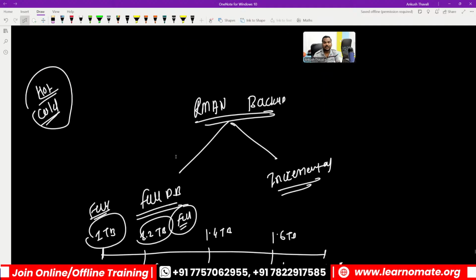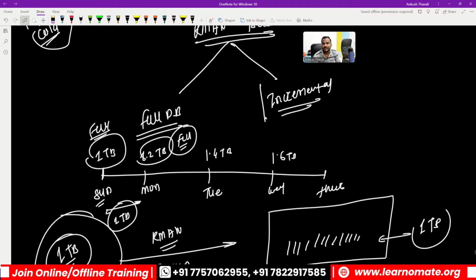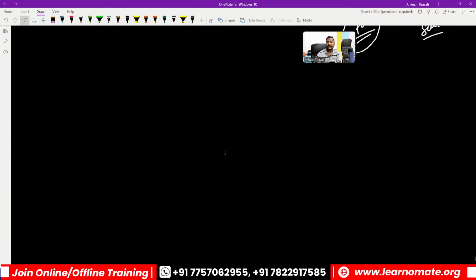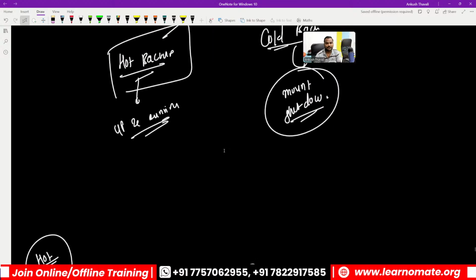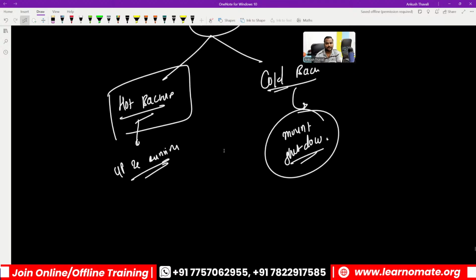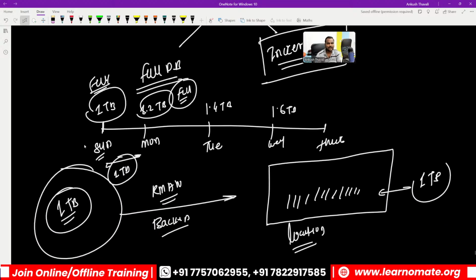Now another type of backup we call an incremental backup. What is meant by incremental backup? Incremental backup means the changes after your full database backup. Let's take an example. If I'm taking the example of this timeline, Sunday my backup size was 1 terabyte because my database size is 1 terabyte.